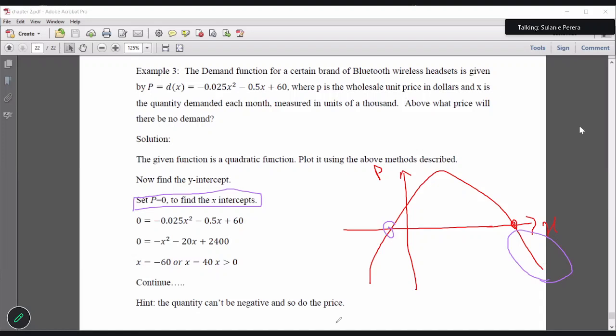How do we know that this opened downward? Because of this negative sign, we know it has a maximum value. So solve this quadratic equation and get the two x-intercepts. Do it, please.